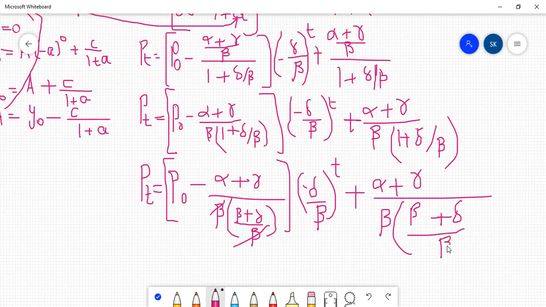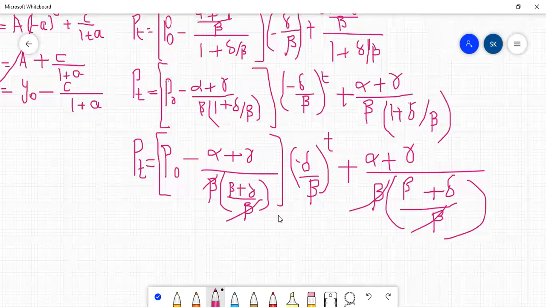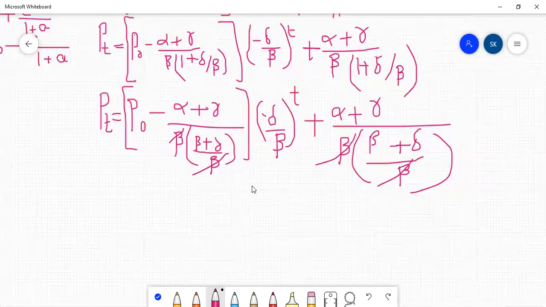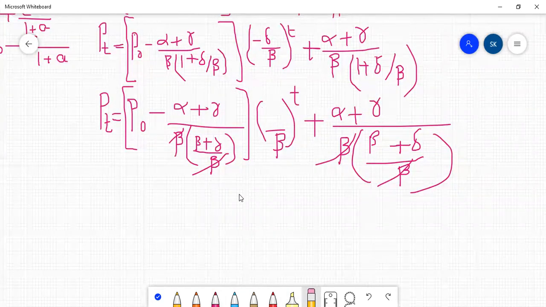This beta will be cancelled out with the beta, and therefore, in the end, by solving it, what we get over here is minus sigma divided by beta.